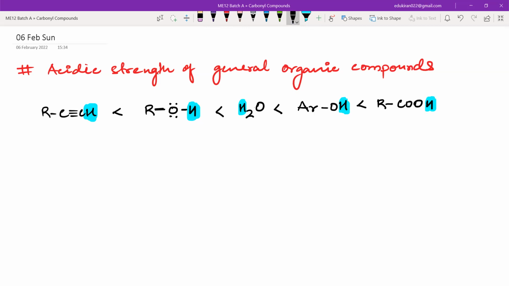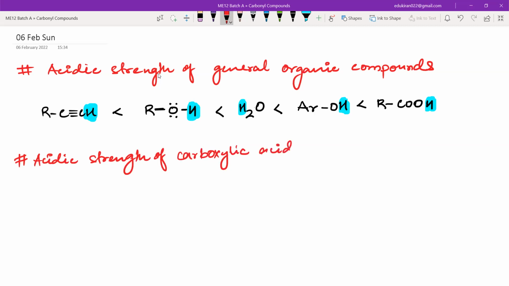If I compare the acidic characters, and if I am comparing the common groups that are attached to the carboxylic acid group, so acidic strength of carboxylic acid with different groups.